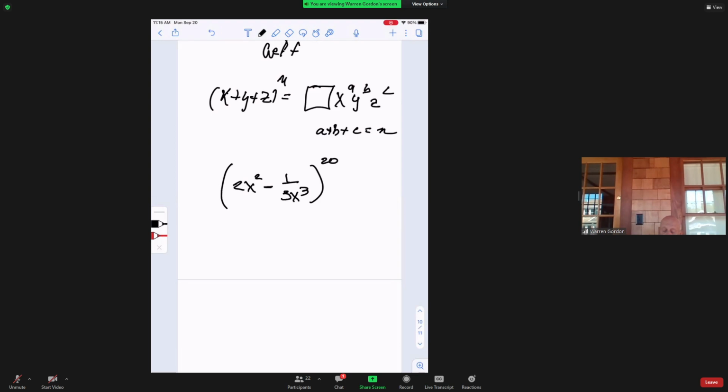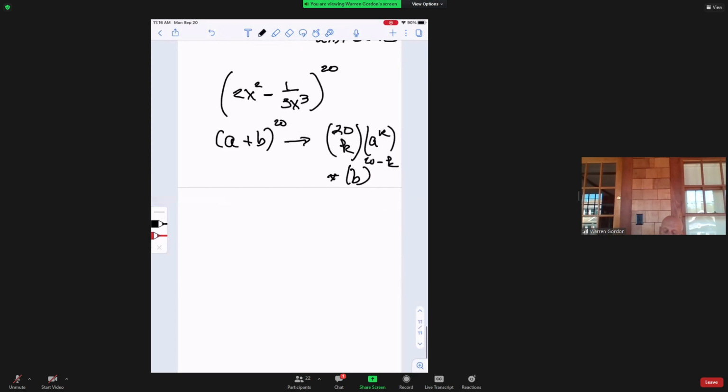Now, the general term in this expansion, if we think of this as a plus b to the 20th, is 20 choose k, a to the k times b to the 20 minus k. So in this case, this would turn out to be 20 choose k, (2x squared) to the k, times (minus 1 over 3x cubed) to the 20 minus k. This would be the general term.